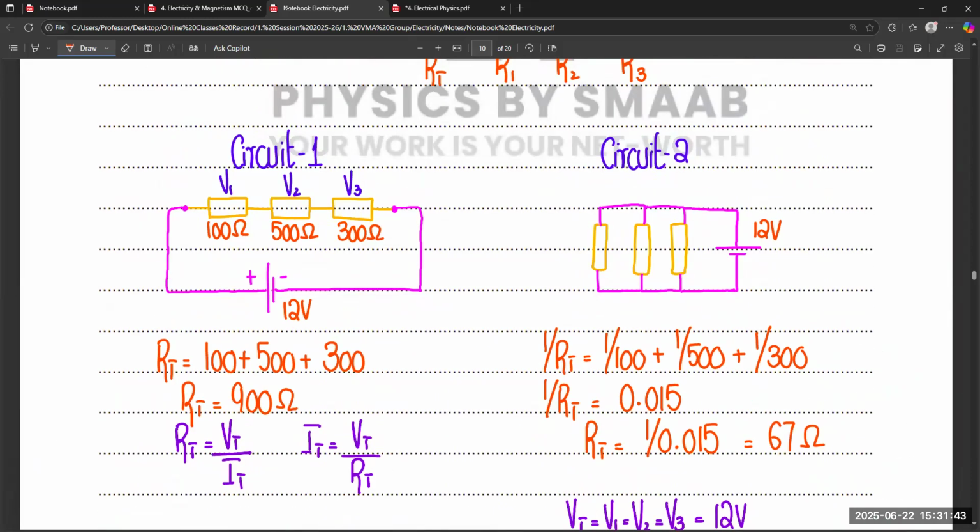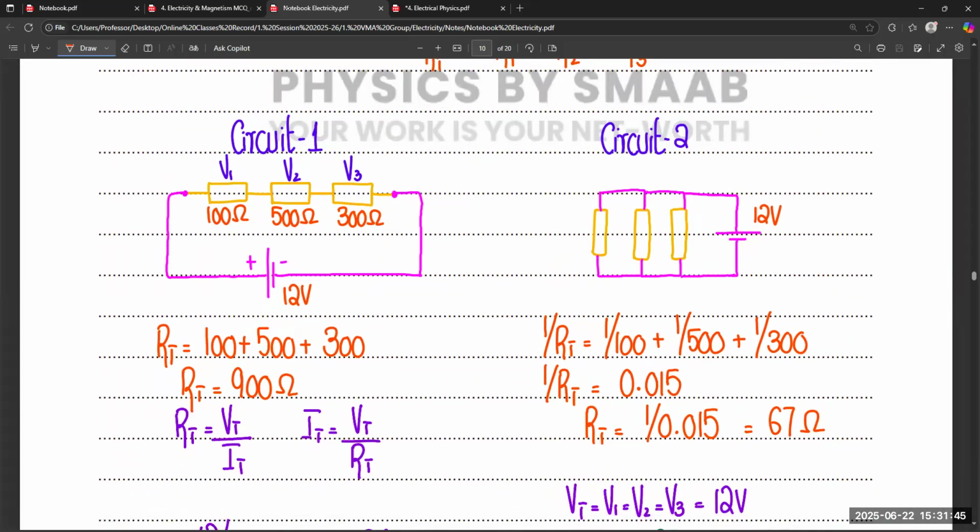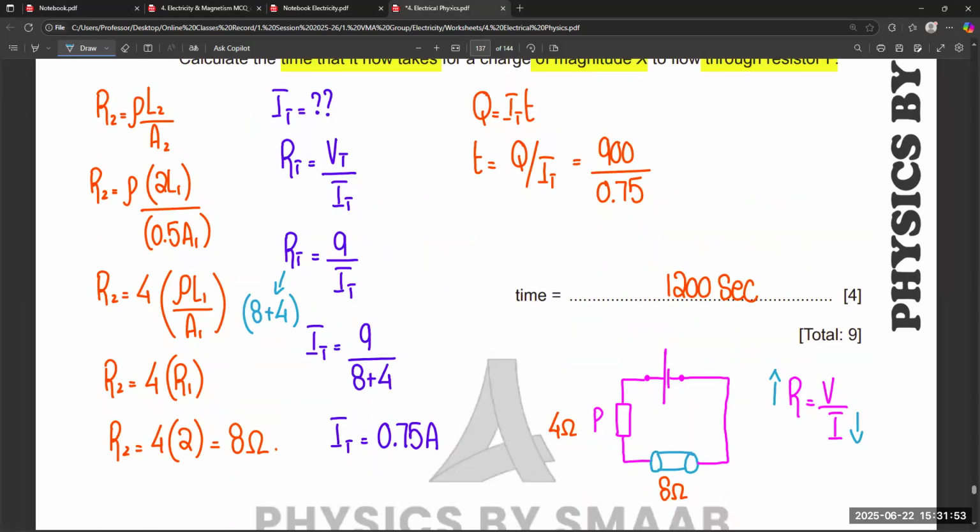Because if you remember, when resistors are connected in series combination, we have to add their resistance. So that's why we combine the resistance given in the diagram, right? To find out the total current and total resistance in the circuit.